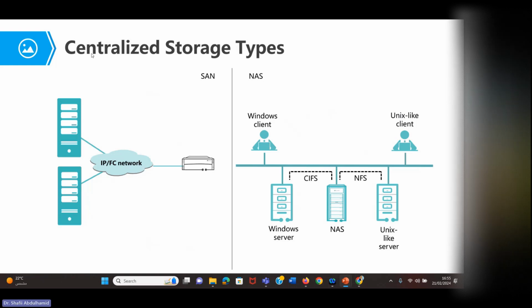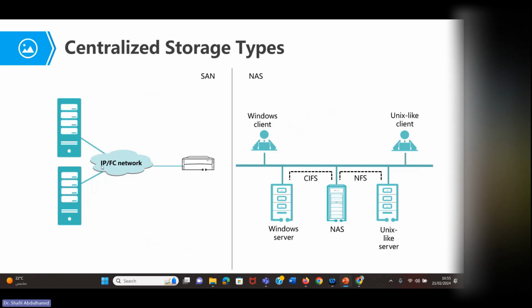So let's look at the centralized storage type that uses the SAN and also uses the NAS. So you have the centralized storage device. For using SAN, it uses 2 different types of protocols, the IP SAN protocol and the FC SAN protocol.